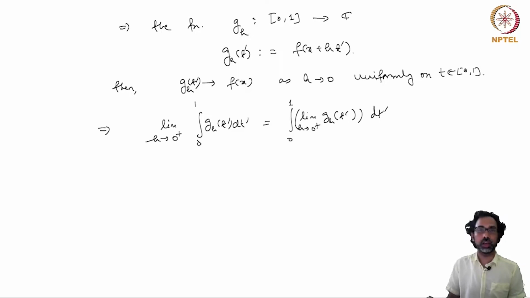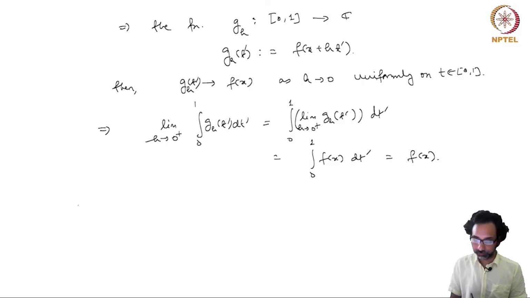So for Riemann integration, you can interchange the order of limit and integration, and this is nothing but the integral from 0 to 1 of f(x) dt', and this is just f(x).